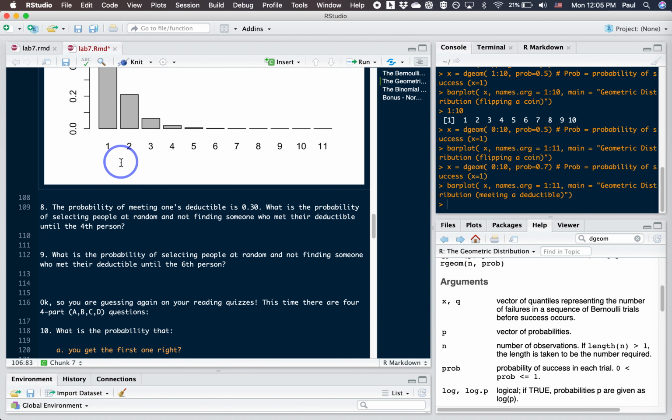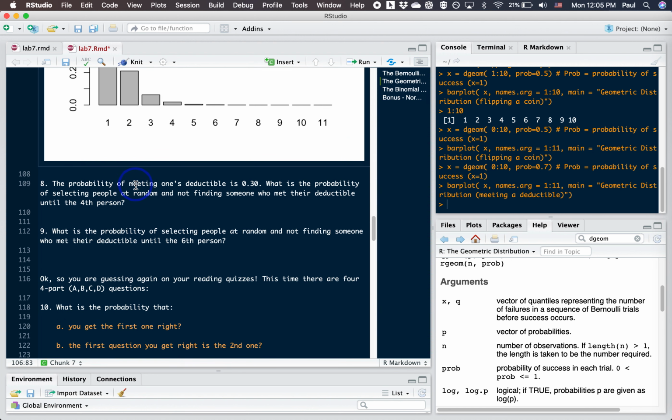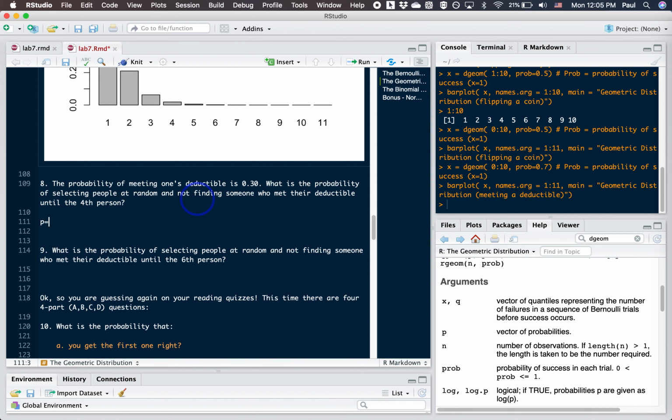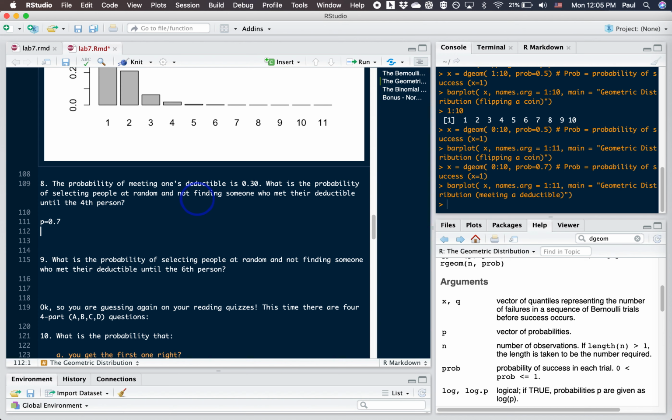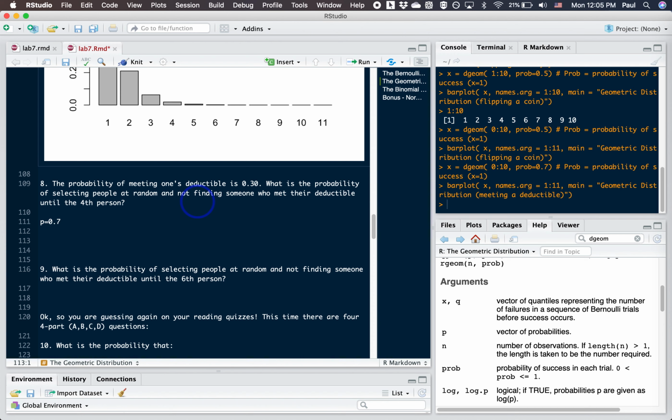So let's do an example with meeting your deductible. The probability of meeting your deductible is 30%. As we said, the probability of success is 0.7, not meeting your deductible. If we're looking at the probability of picking people at random and not finding someone who met their deductible until the fourth person, that would be P of x equals 4.